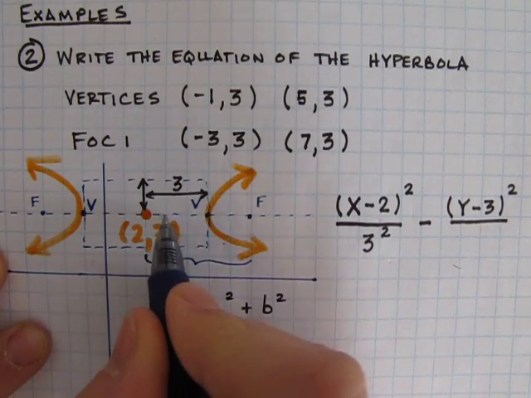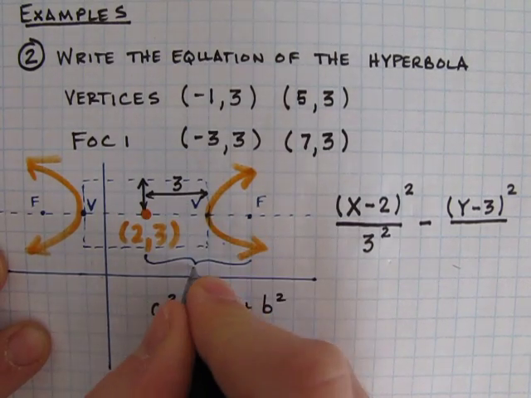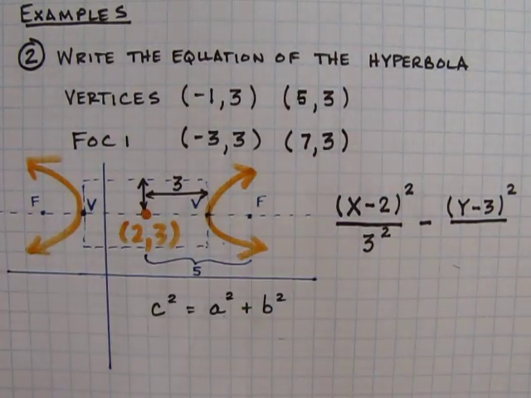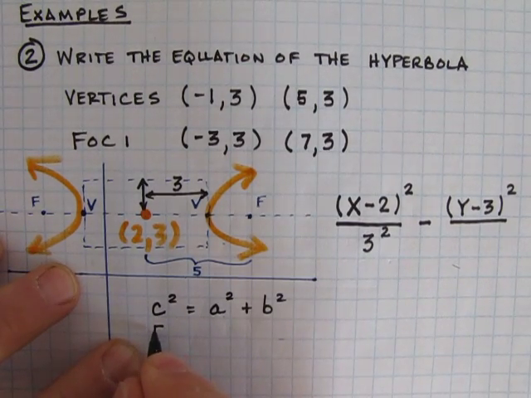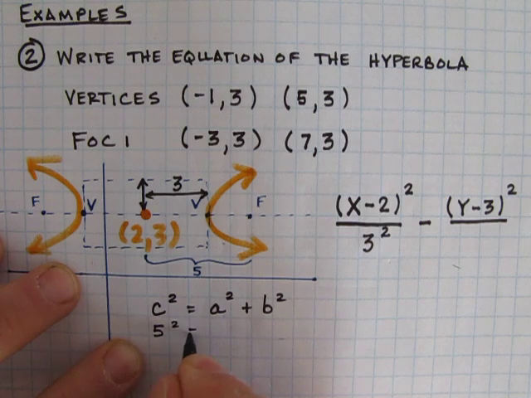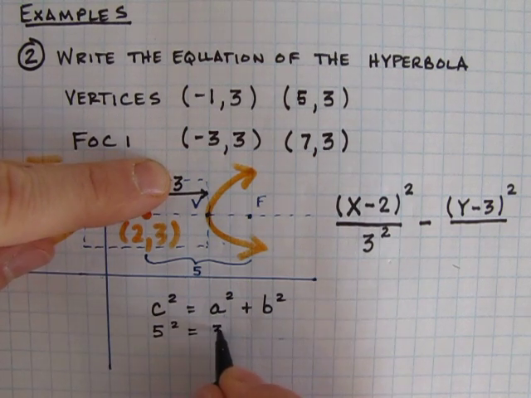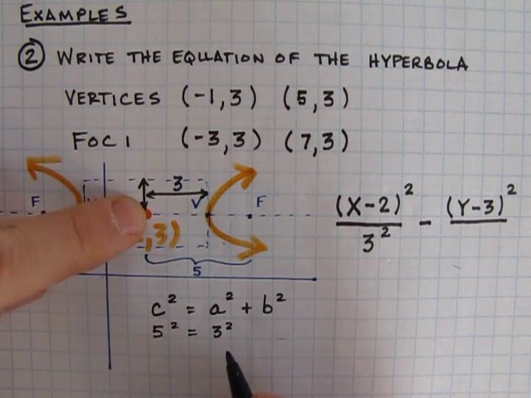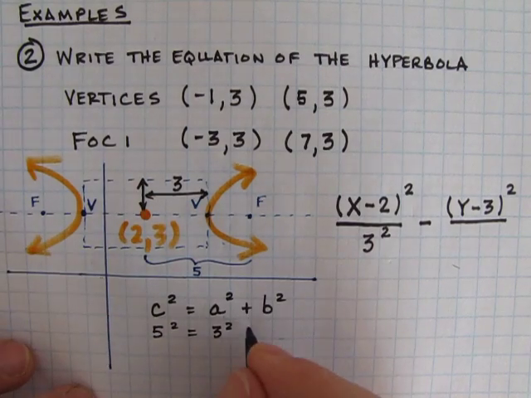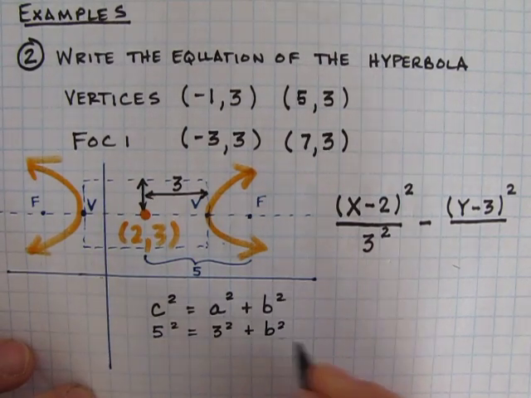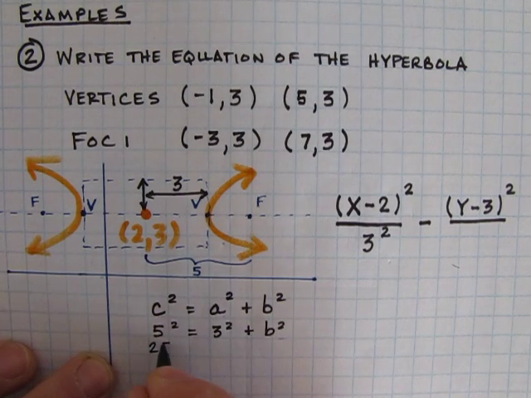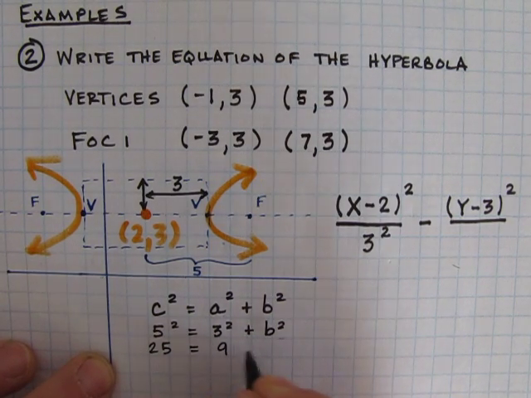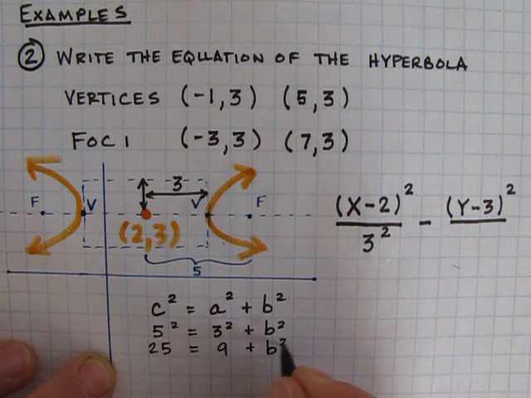Count it up. 1, 2, 3, 4, 5. So our focus equation is going to go 5 squared is equal to 3 squared. I'm getting that 3 from the distance from the center to the vertex, plus b squared. And b squared is what we're looking at to put in here. So 25 is equal to 9 plus b squared.